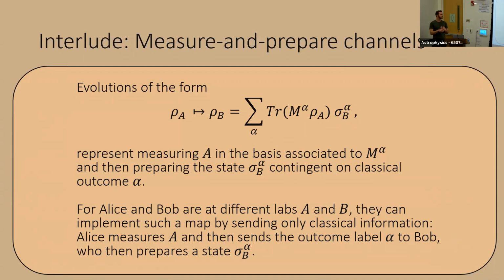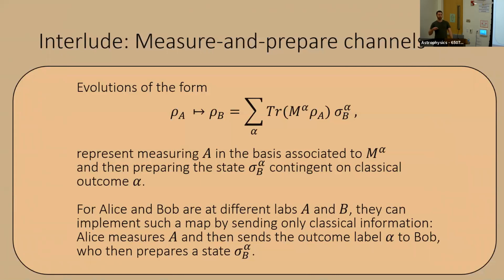It's the sort of thing that if Alice and Bob were in different labs, they could implement this sort of evolution by only sending classical information. Because Alice would measure in the M_alpha basis, she would get some outcome alpha, and then she would send it along as a classical piece of information to Bob, who would then prepare state sigma_alpha.